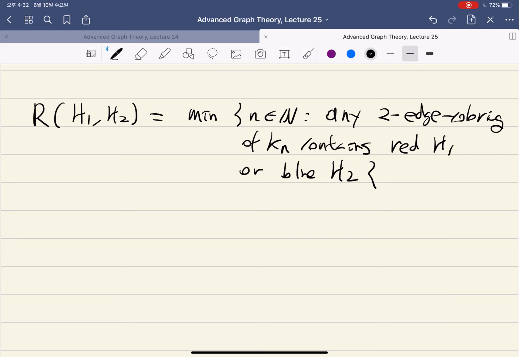And it's well known, or we actually learned in undergraduate graph theory, that this exists for any pair H1 and H2.